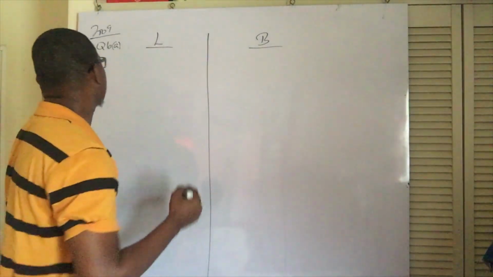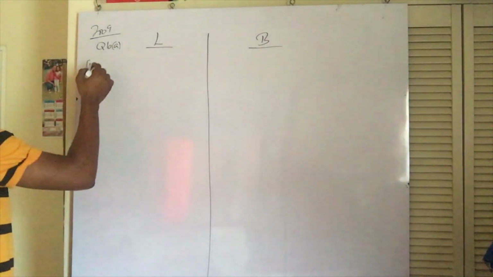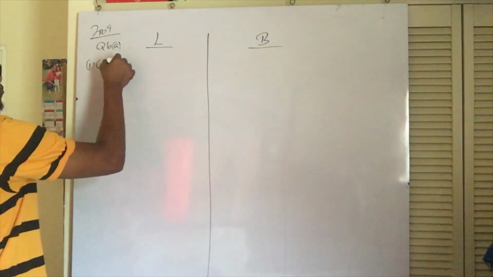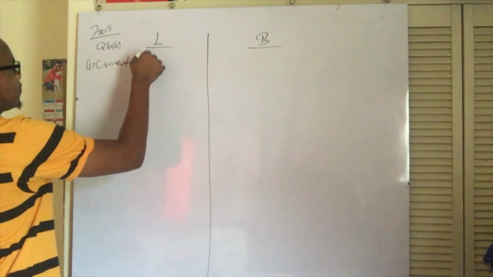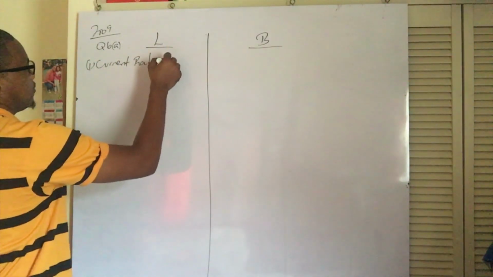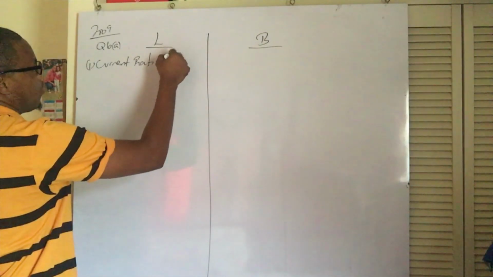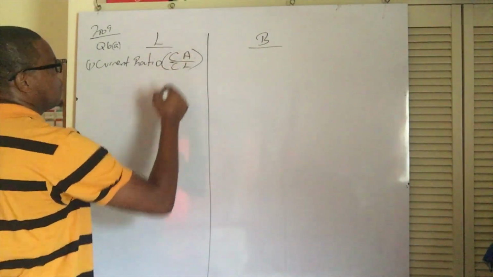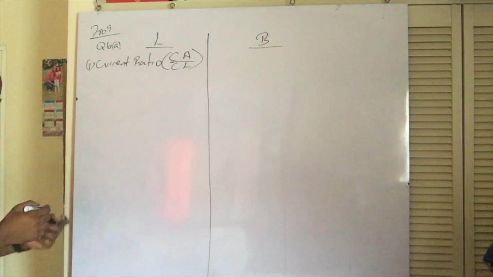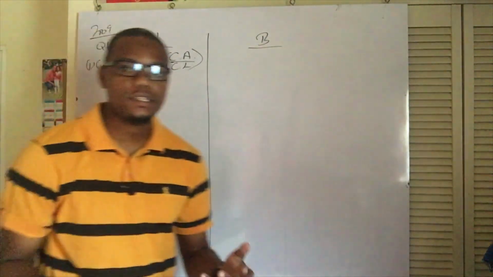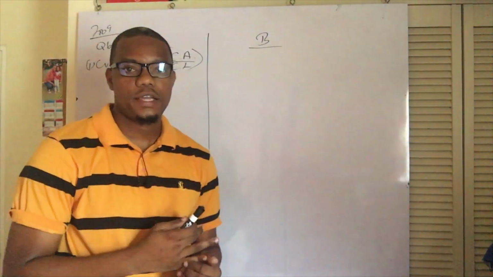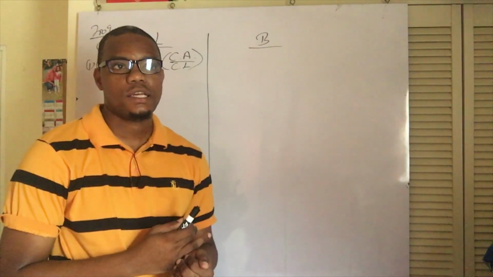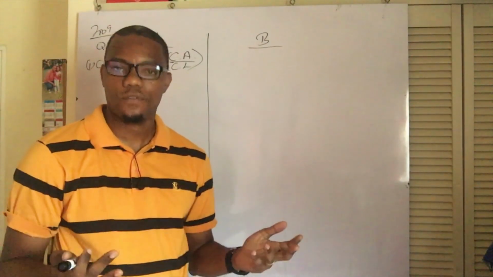So the first ratio is the current ratio. What is the current ratio? The current ratio is current assets divided by current liabilities. I always tell my students to write the formulas, so that the examiners can see that you actually know the formula.